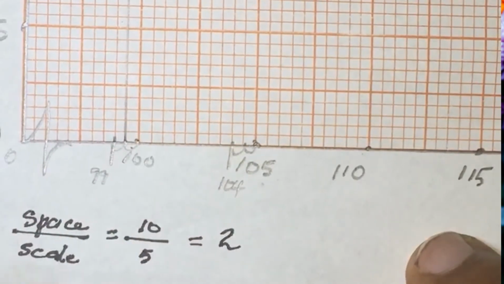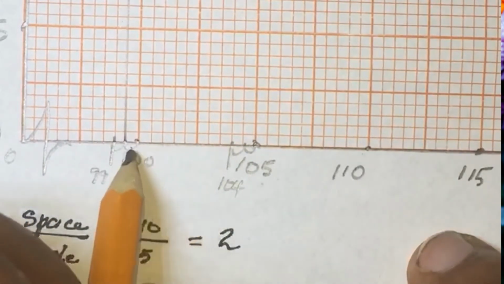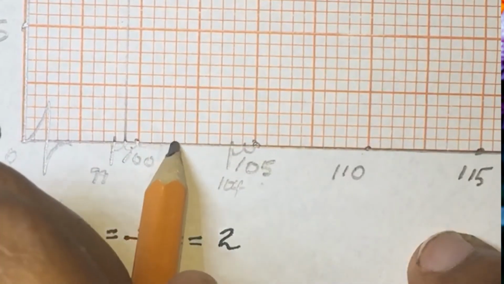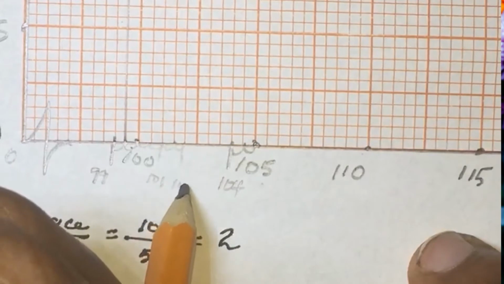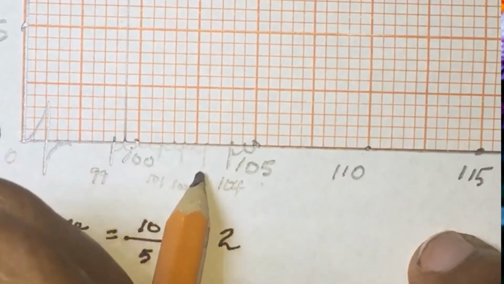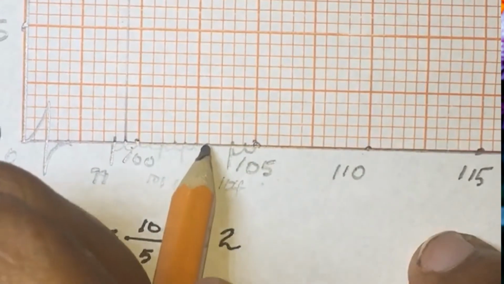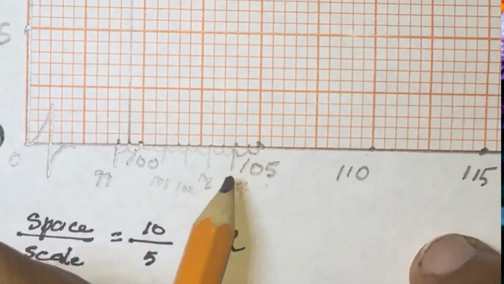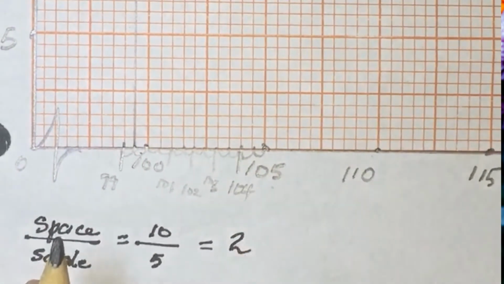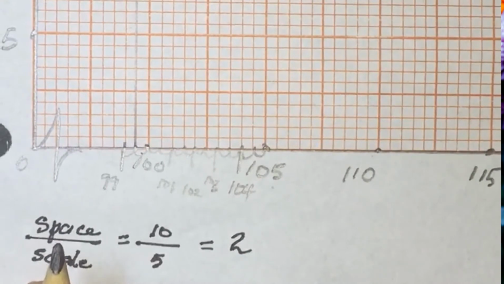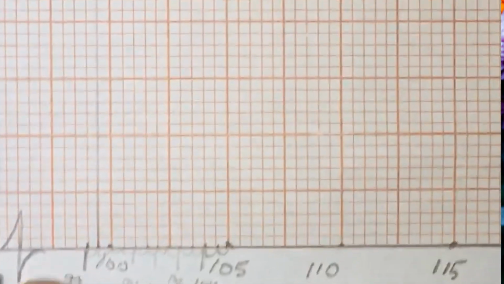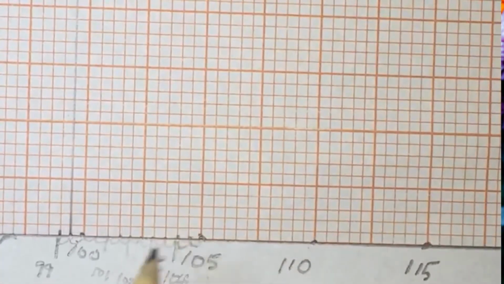I could also do it the long way from 100. I can say 1, 2, 101, 1, 2, 102, 1, 2, 103, and 1, 2, 104. Now remember, I'm looking for 104.5, which is halfway between 104 and 105, which is this little line right here.